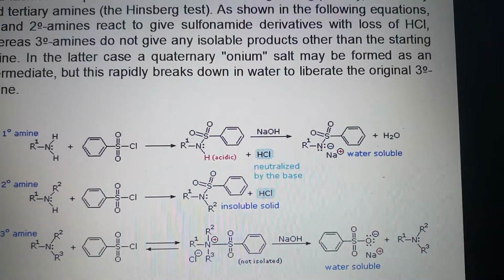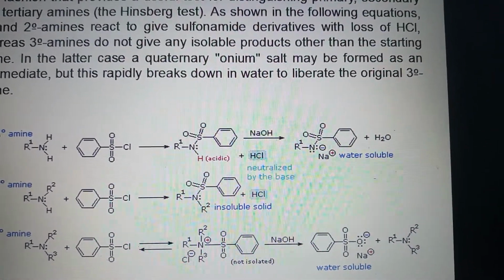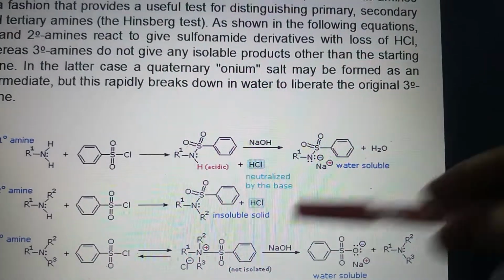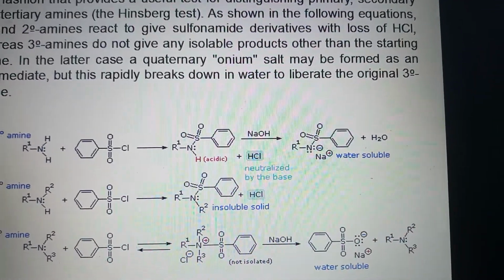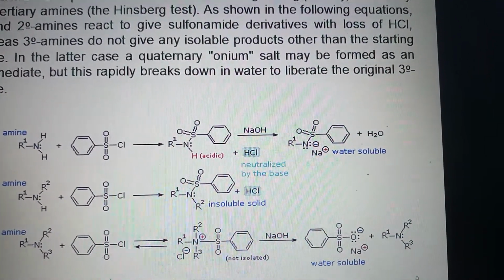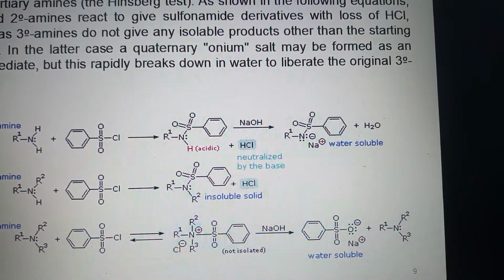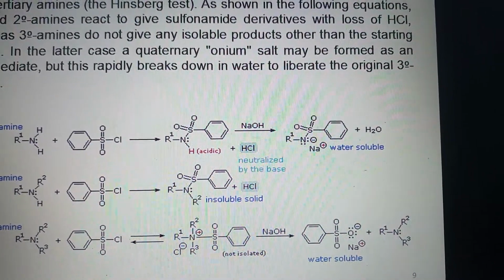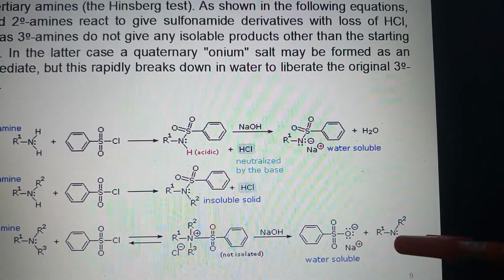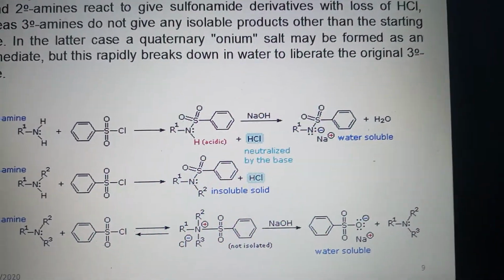Here, in the latter case, a quaternary onium salt may be formed as an intermediate, but this rapidly breaks down in water to liberate the original 3 degree amine.